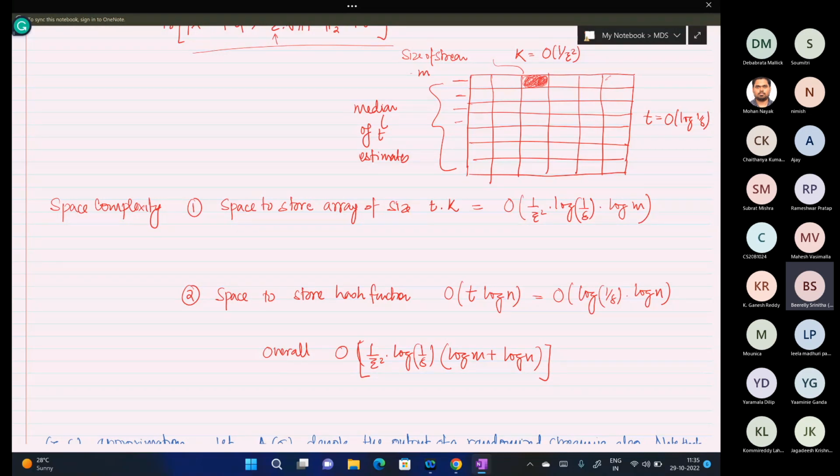Yes, you are right. Technique-wise they are slightly different, but the space complexity for most of them is something like this: logarithmic in the size of the stream and the size of the universe, with this sort of dependency on epsilon and delta.